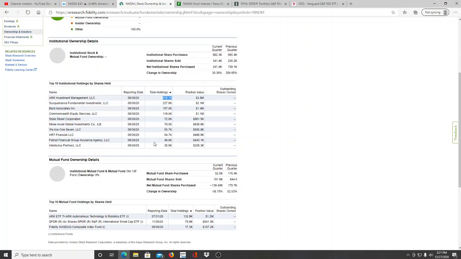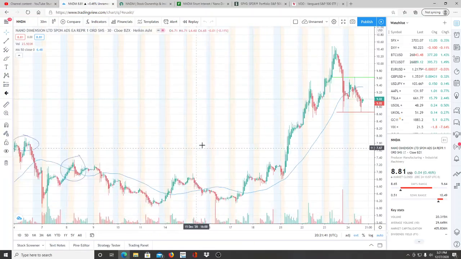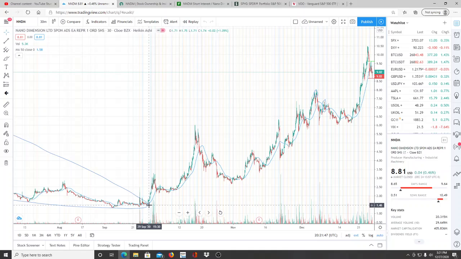That's a big deal there. That's big stuff. And the stock price is already at the $8 mark. And back on September 30th, let's see where the stock price was. You can see that for sure. So September 30th, we were down here. They only owned about 400,000 shares.